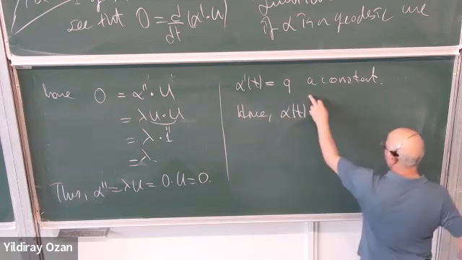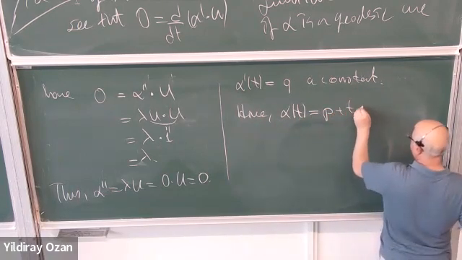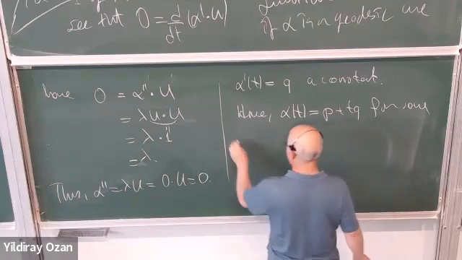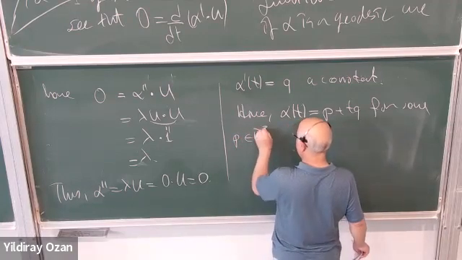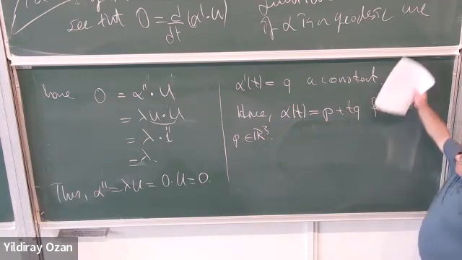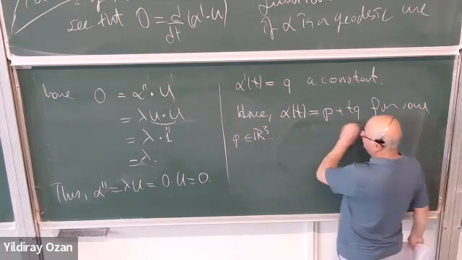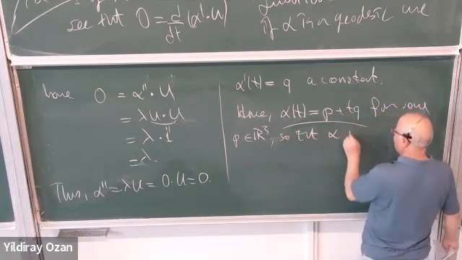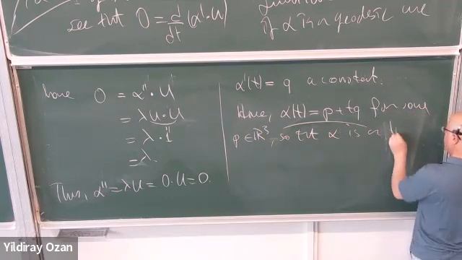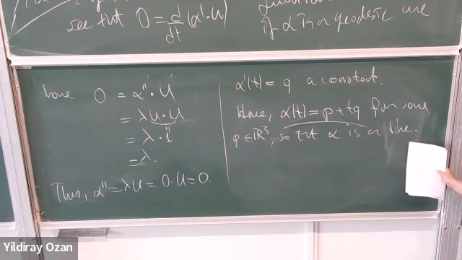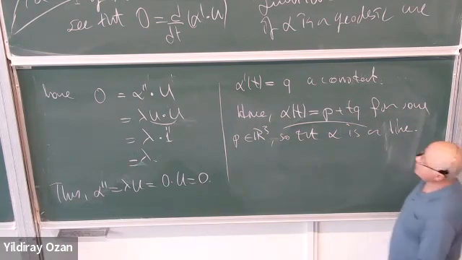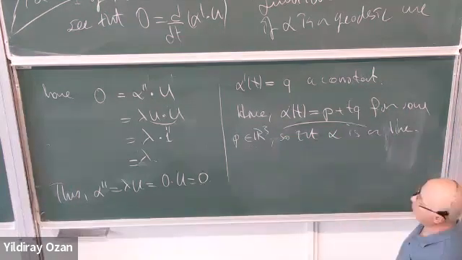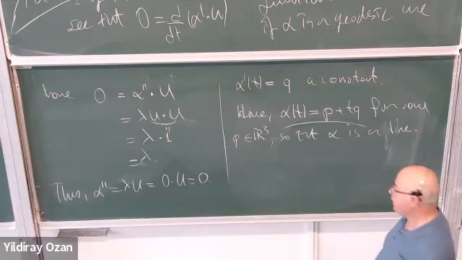If you integrate this one more time, you will get p plus t times q for some p. So if it's a geodesic, then it has to be a line. So that alpha is a line. And we know that if you have a line, then it's already a geodesic. So we see that if you have a plane, the only geodesics on that plane are the lines.